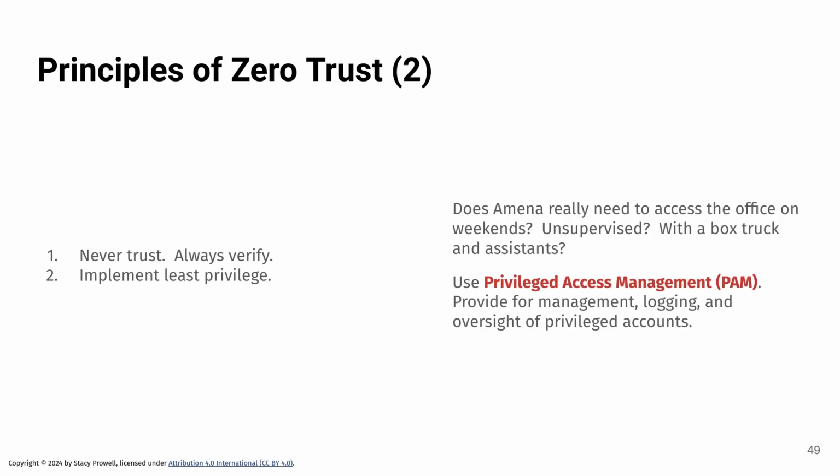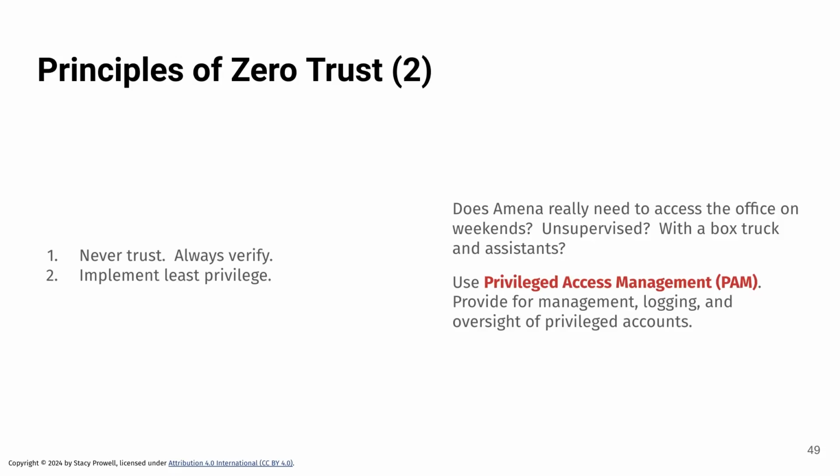Not everybody needs that. So I need to figure out what is the minimum set of privileges I can give out so that people can do their work, do it comfortably, and get it done while still restricting all the privileges so that we don't have as much risk.